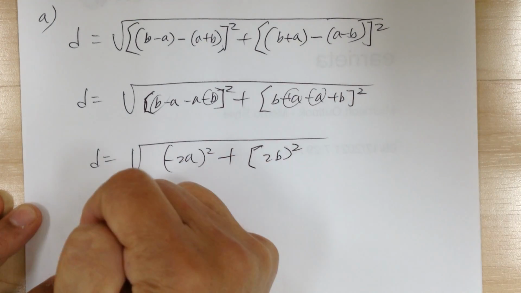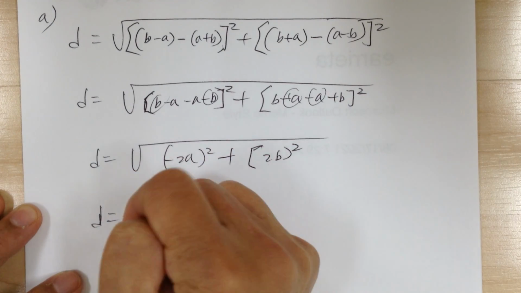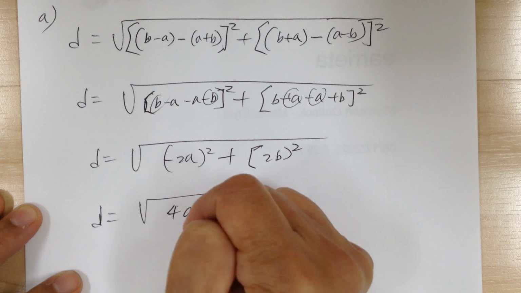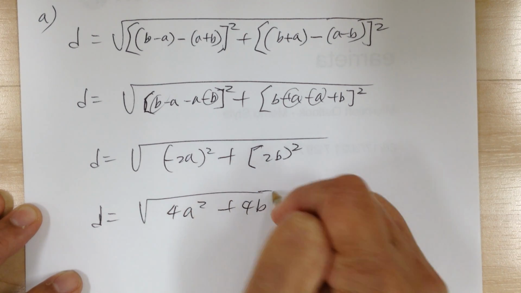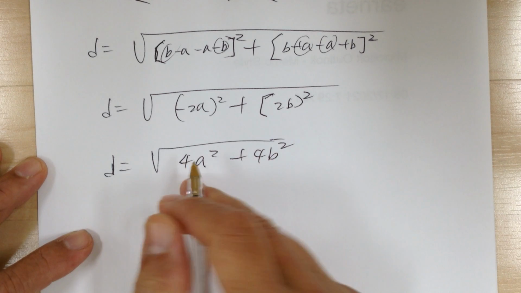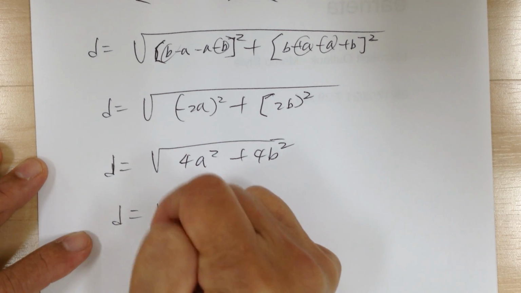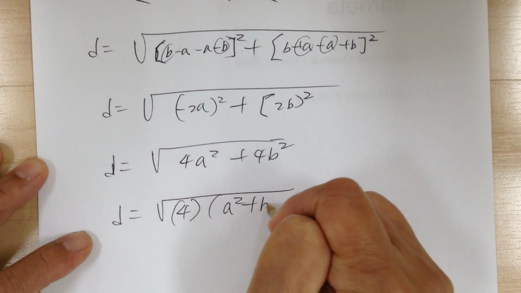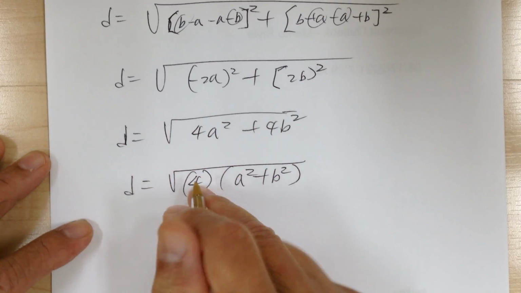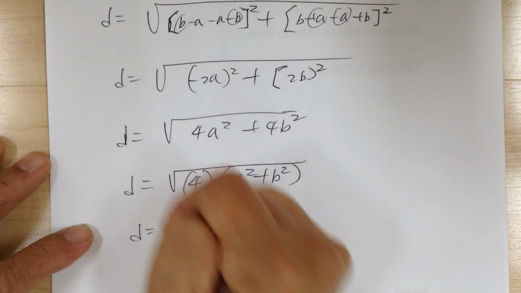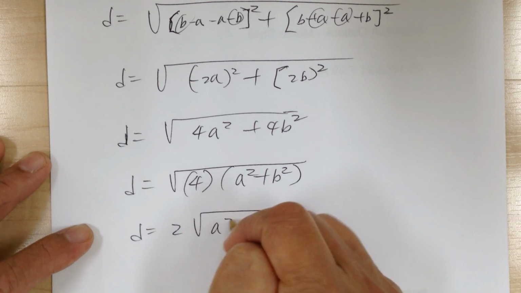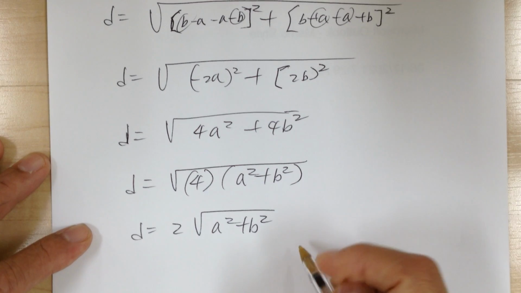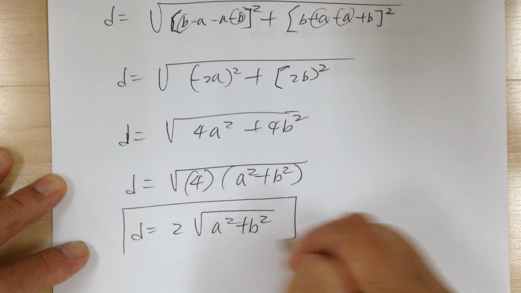After that, multiply out, and you're going to get 4A squared plus 4B squared. In this case you've got 4, so you can factor out the 4, and you're going to get A squared plus B squared. The square root of 4 is 2, so you can take it out, and it becomes 2 square root of A squared plus B squared. So that's your distance.